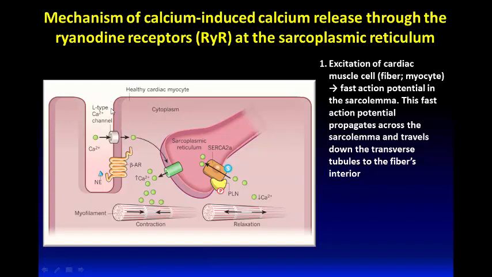and travels down the transverse tubular system to the fibrous interior.